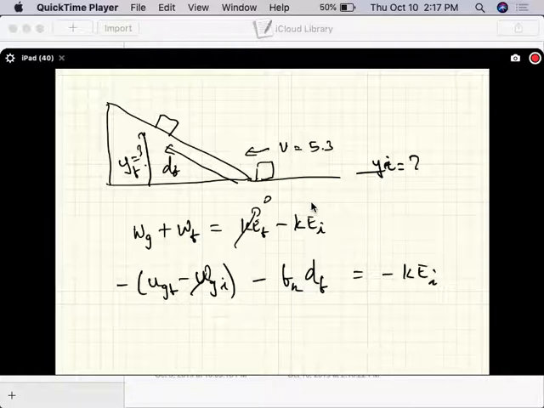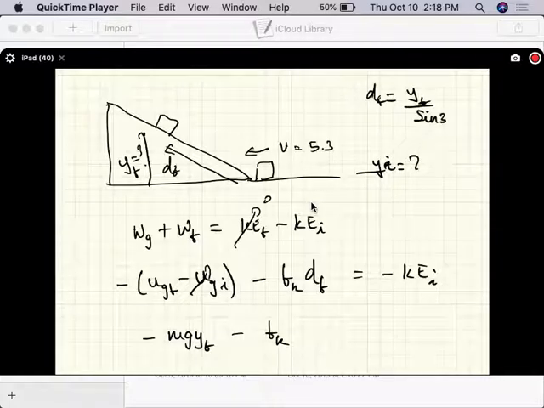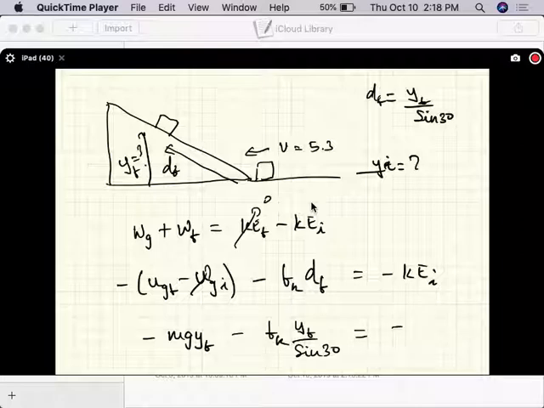So this is quite a problem. If you make sure you understand this, the rest of them will be a piece of cake. This d final is y final divided by sine 30. We'll drop all the minus signs.